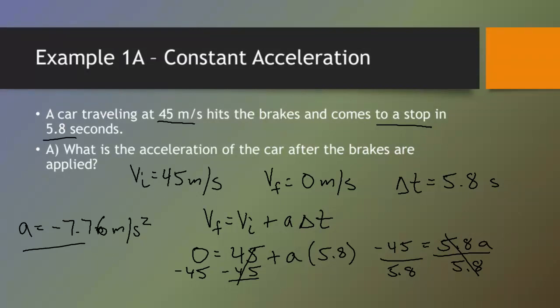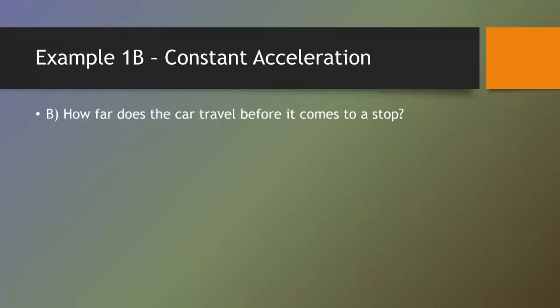So now we have the acceleration of this car. How far does it travel before it comes to a stop? Now, this is a slightly different equation from the list, but we can use the one where we have delta x, which is our distance or our displacement, how far the car travels.